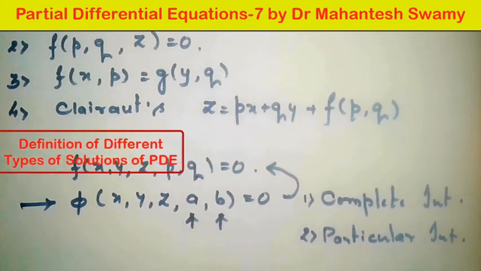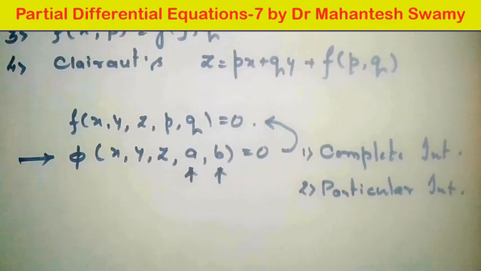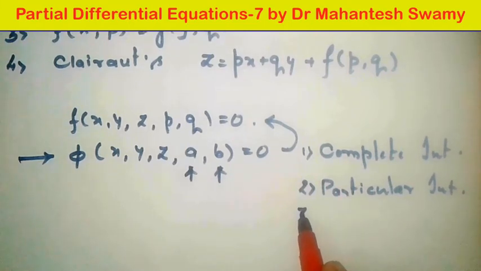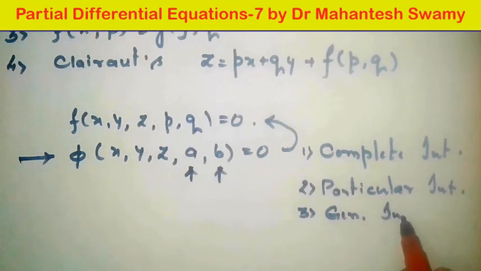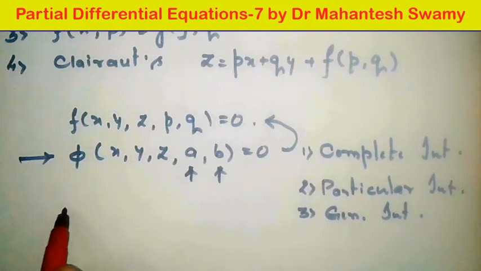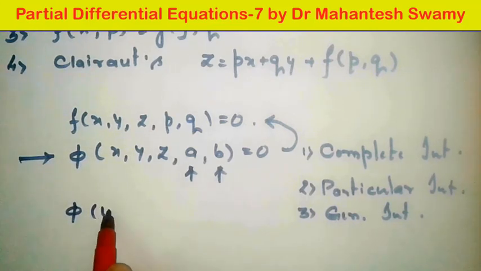Now the third type of solution is the general integral. The general integral of the given partial differential equation is a solution of the form phi of u comma v.